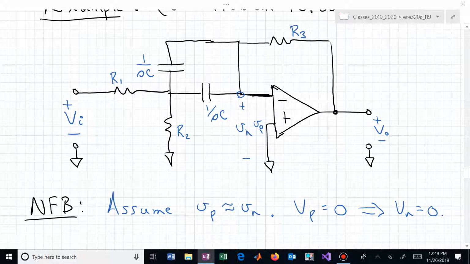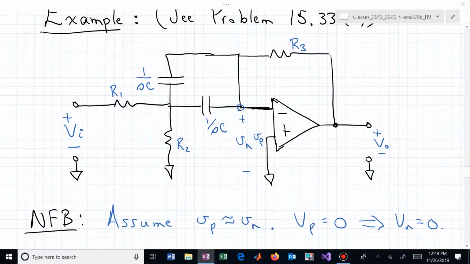Now what do we do? KCL. So we can do KCL. Actually, we have a couple of nodes that we could write KCL at. We can just lump all of those together.